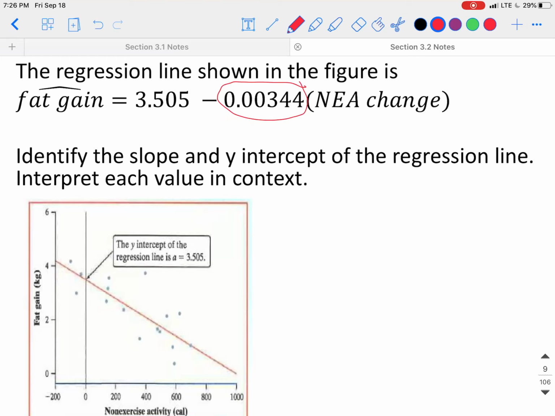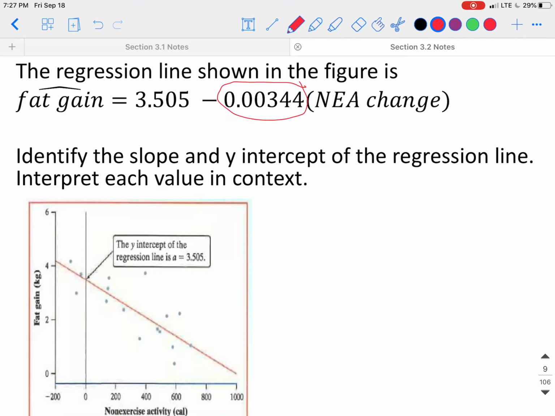So we know that our slope is negative 0.00344. And this tells us the amount of fat gain that we can predict for every 1 unit of change in our NEA.